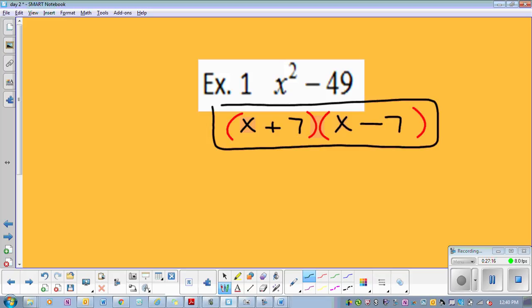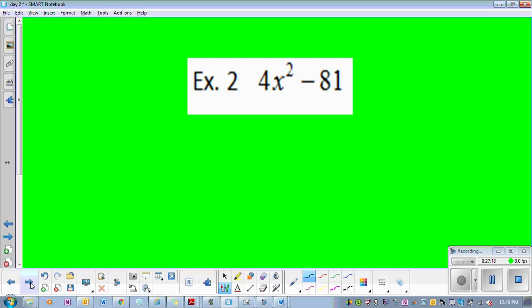All right. Let's try example 2. So, okay, now I have a number in front of the x squared, right? Do I have a GCF? 4 and 81? No, right? But look at this. Is 4 a perfect square? Yes. Is x squared a perfect square? Yeah. What is the square root of 4x squared? 2x. What's the square root of 81? 9.